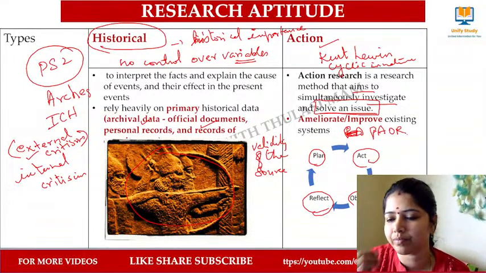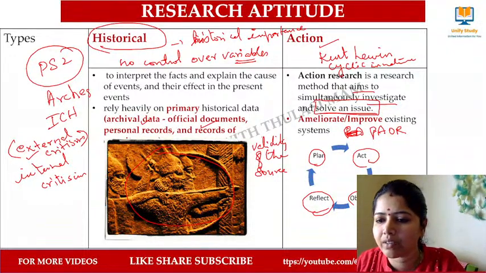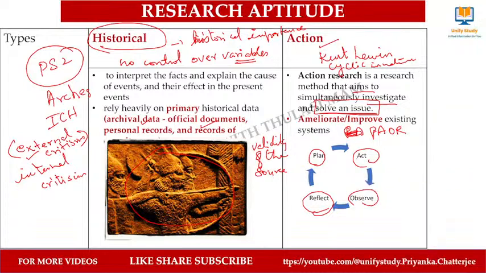PAOR. Okay, PAOR. Clear? Plan, act, observe, and reflect. So the keywords for action research are amelioration, improving the system. These are all the keywords that can be used in terms of action research.